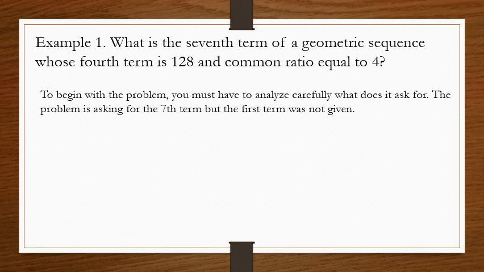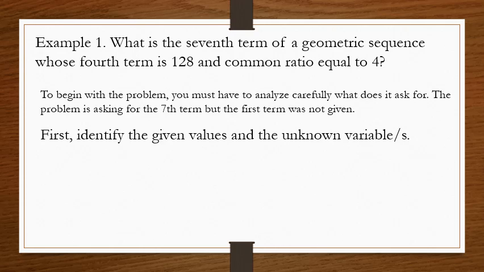So, sa pag-umpisa ng pag-solve ng problem, dapat alamin muna natin ano ang hinihingi or what does it ask for. So, ang problem na ito is asking for the seventh term, pero wala tayong first term or first term is not given. So, identify the given values and the unknown sa pag-solve.